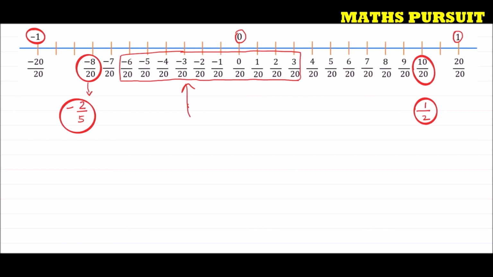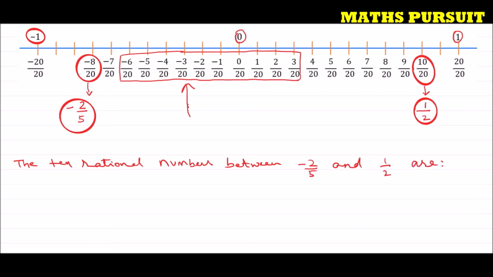the question has asked us to find 10 rational numbers. So we can say that the 10 rational numbers between minus 2 upon 5 and 1 upon 2 are, so what are the rational numbers that we have shown here?